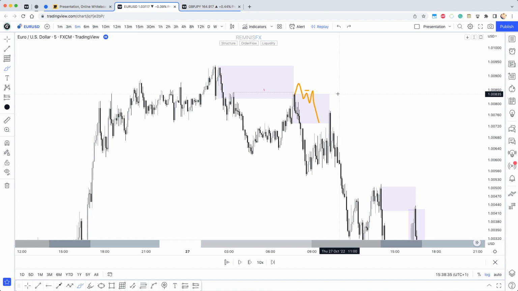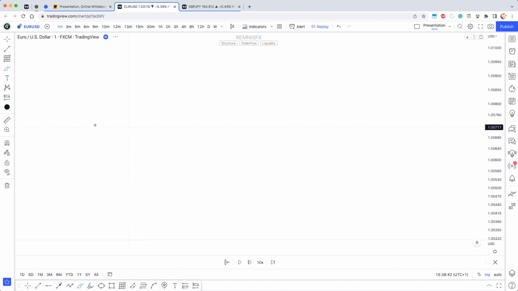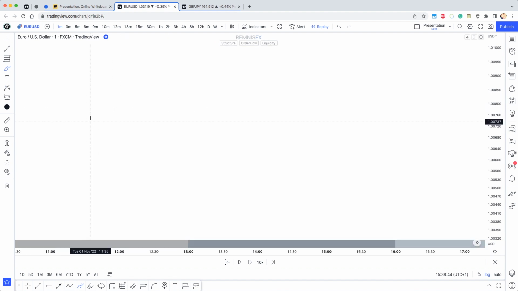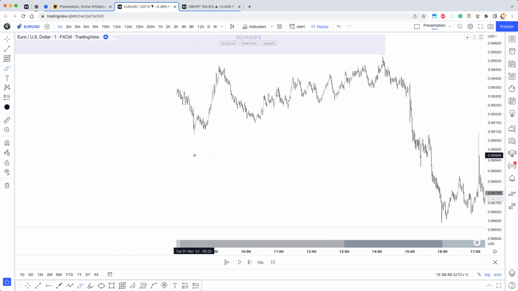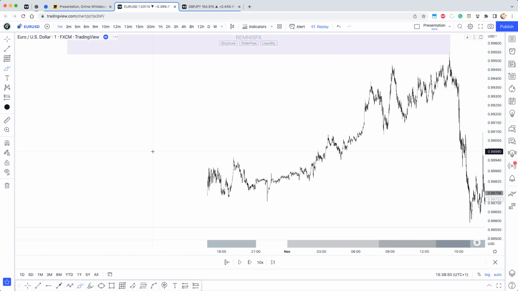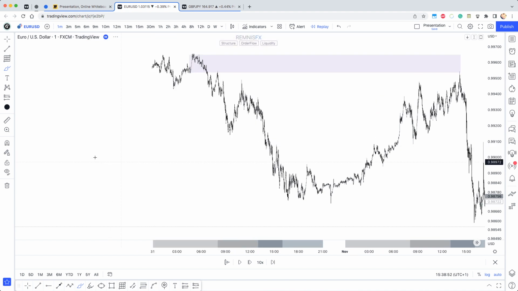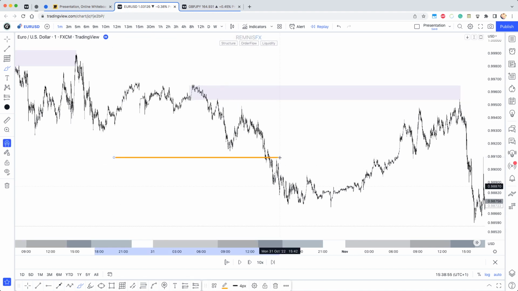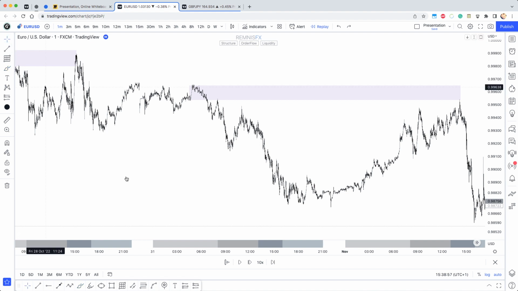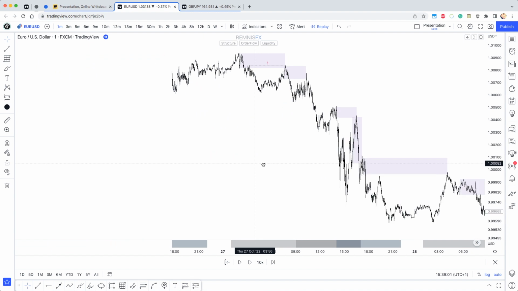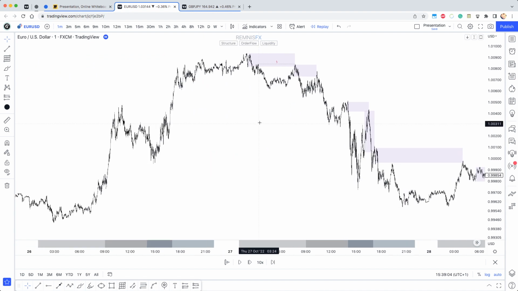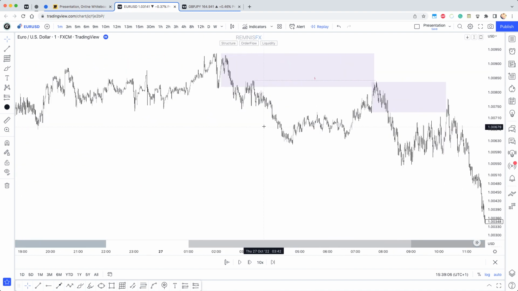entry type 2, okay? So in this case, maybe you could even go to the 1 minute time frame. Yeah, that's what I mean. I have to scroll back a little, but it's a good thing we have our replay function on, because that way I don't have to search that way back.